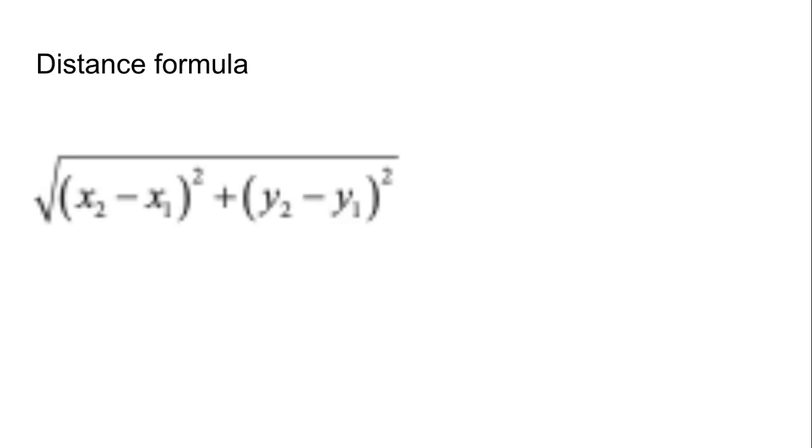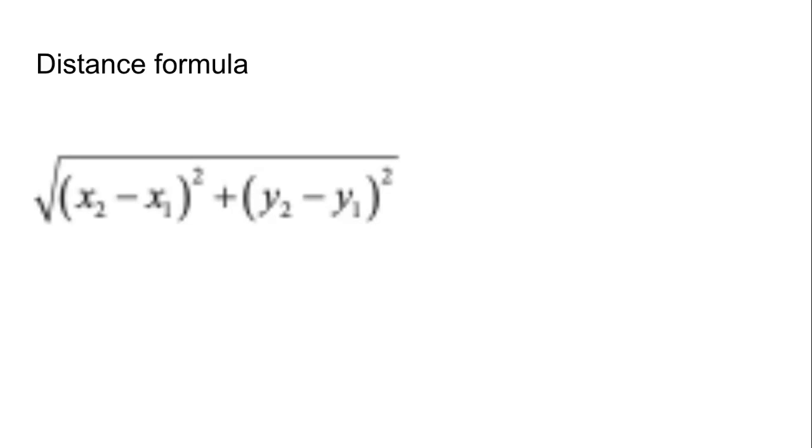Remember, in this formula, if we change the order of x2 and x1, y2 and y1, then also the formula will remain correct. Also, if we change the order of the term itself, that is, if we write y2 minus y1 before x2 minus x1, then also the formula will remain the same.